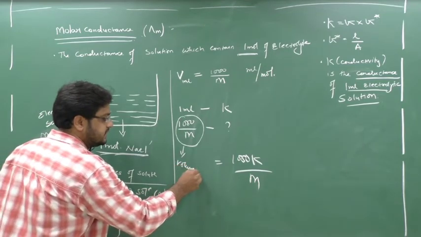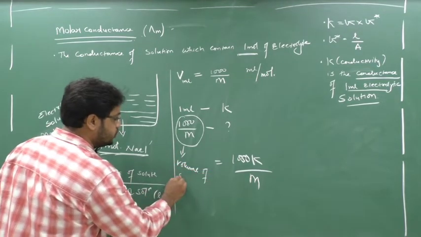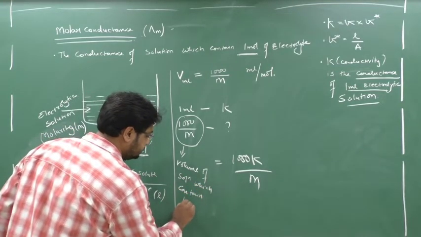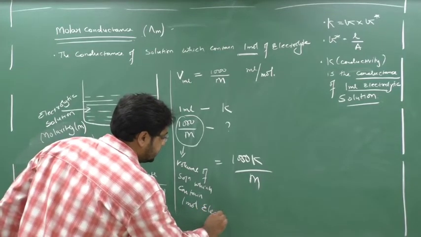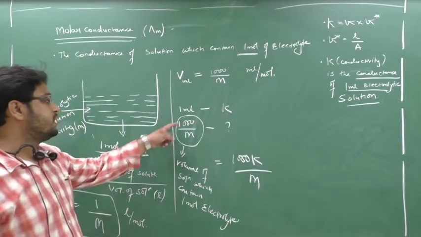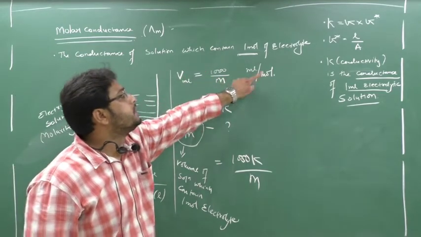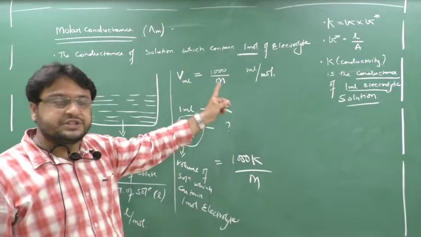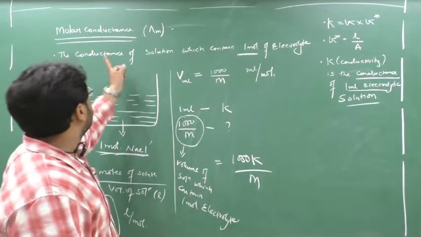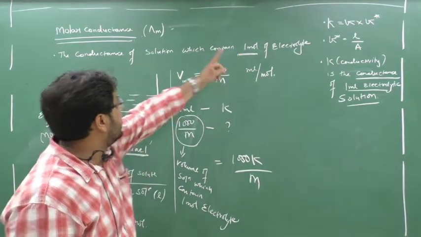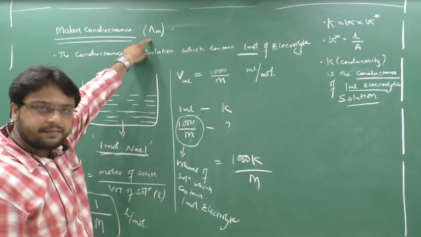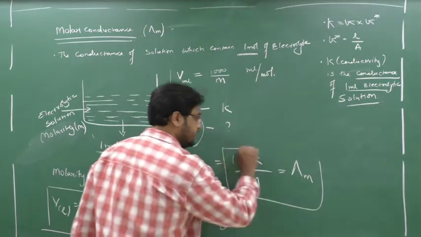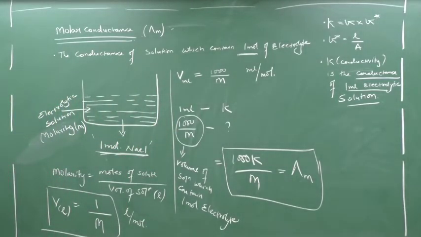Yes or no? 1000 by M is milliliter per mole. It is the volume of solution which contains 1 mole of electrolyte, and the conductance of the volume of solution containing 1 mole of electrolyte is known as lambda m. So lambda m formula is K times 1000 upon M.